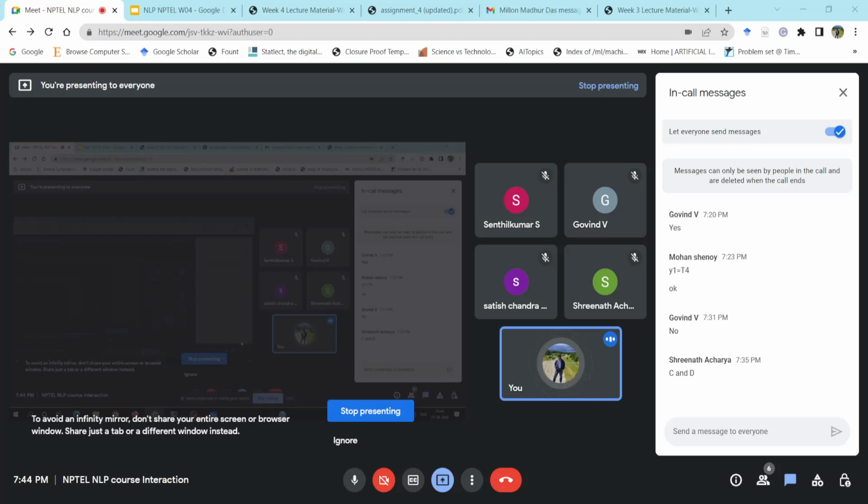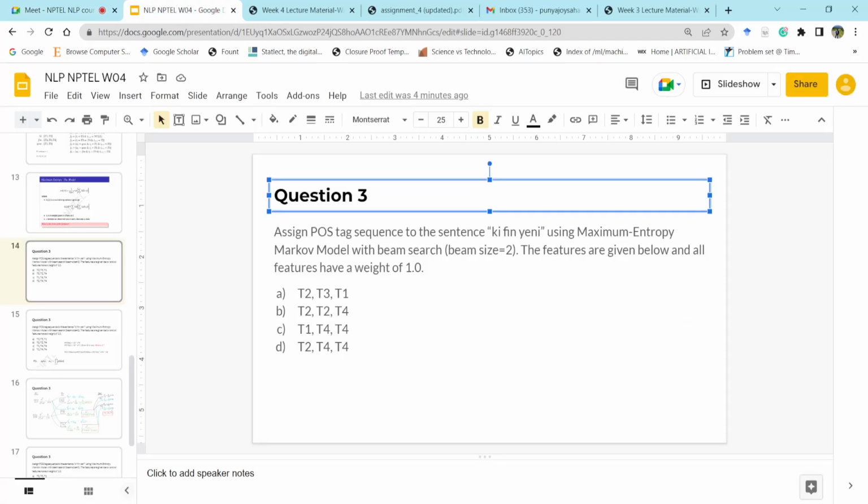Okay, so let us go to here. So what we have essentially, can you see my screen? Yeah, okay. What we have essentially is ki, then fin, and then ene, right?